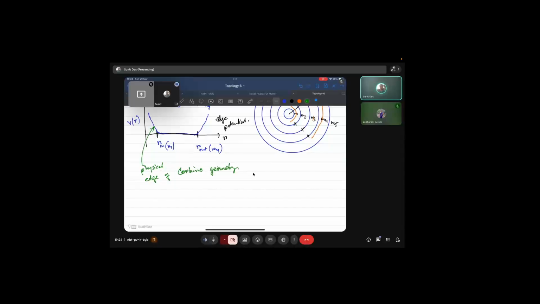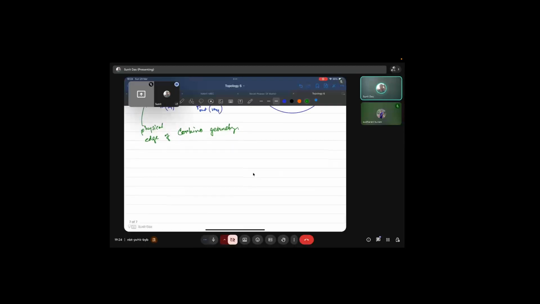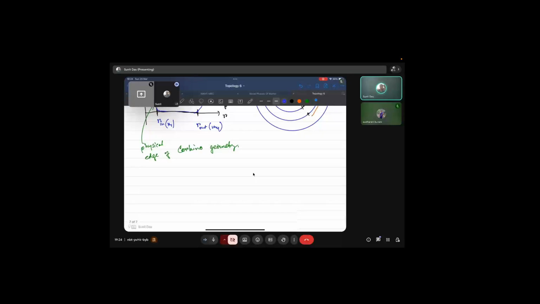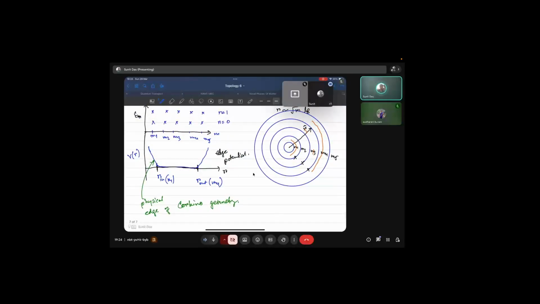Now, because there is some potential at the edge, what really happens to the Landau levels, or the energies, at the edge? The Landau levels with M2, M3, and M4, let's say, have the same energy because they are well within the bulk.